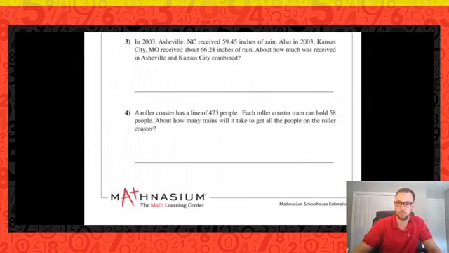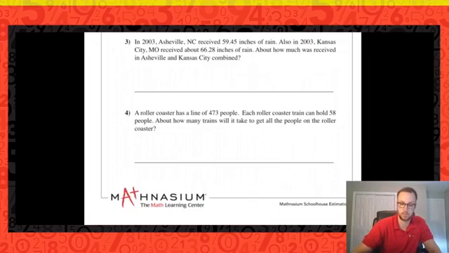All right. In 2003, Asheville, North Carolina received 59 and 45 hundredths inches of rain. Also in 2003, Kansas City, Missouri received about 66 and 28 hundredths inches of rain. About how much was received in both cities combined?